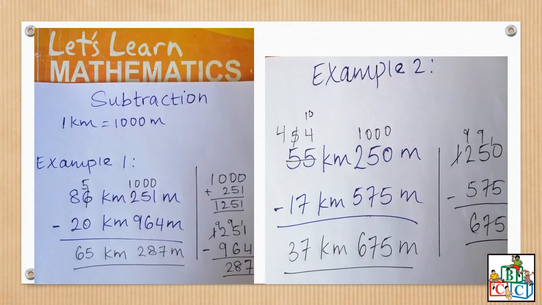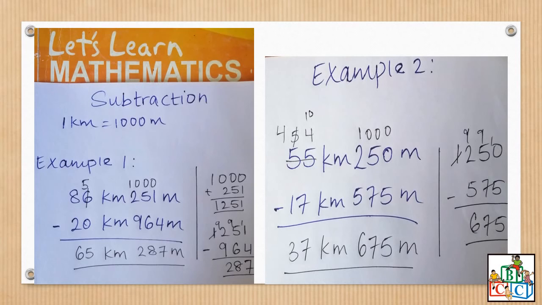Example 2. The same. 55 kilometers 250 meters minus 17 kilometers 575 meters. You will not be able to subtract 575 meters from 250 meters.